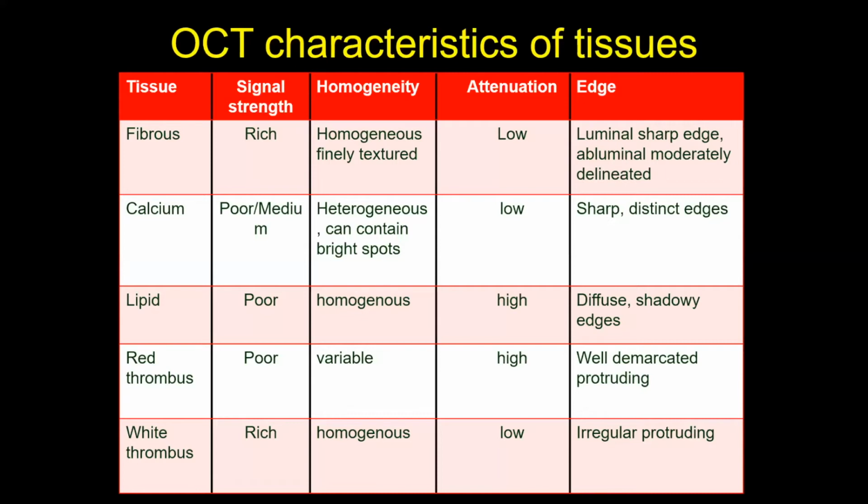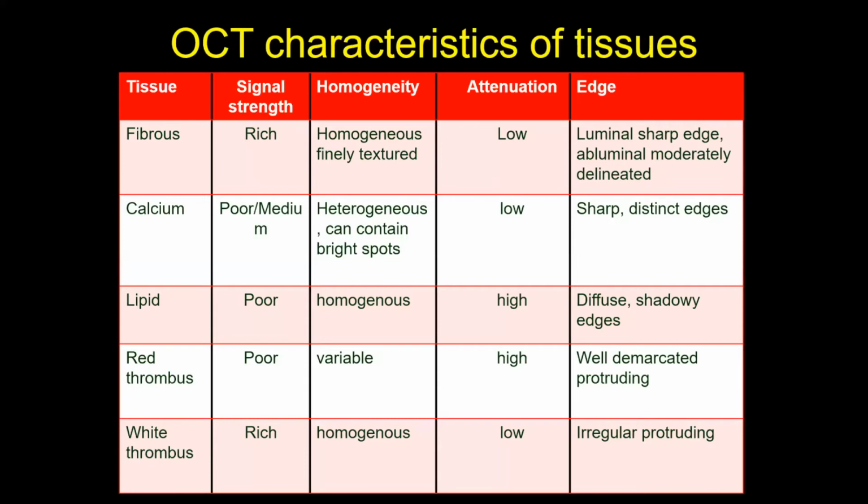Okay. Lipid, on the other hand, is signal poor. It does not appear as bright. It will appear as a dark area. Again, it is homogeneous because, although it can be mixed plaque, usually the pools of lipid will appear homogeneous. But the contrasting feature with the fibrous plaque is that it will attenuate the light.